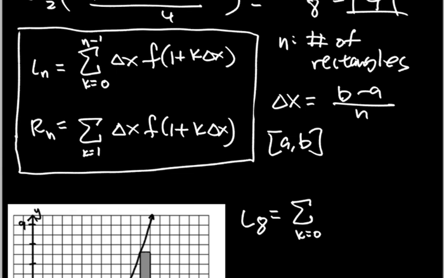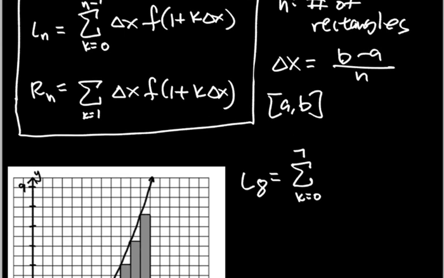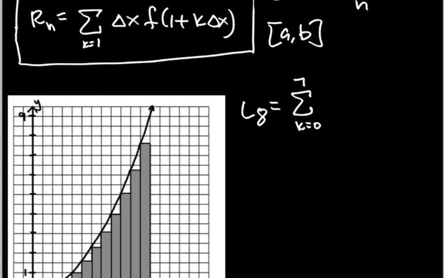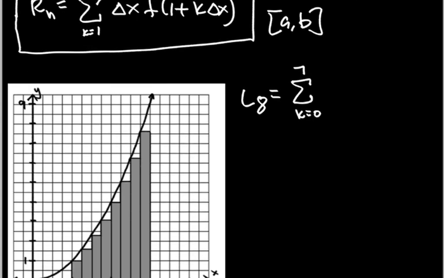Sorry about that. We go to n minus 1, so 7, because we want 8 rectangles total, so 0 to 7 is going to give us that. All right, so we have delta x. I'm just going to write delta x and then f of 1 plus k delta x first.